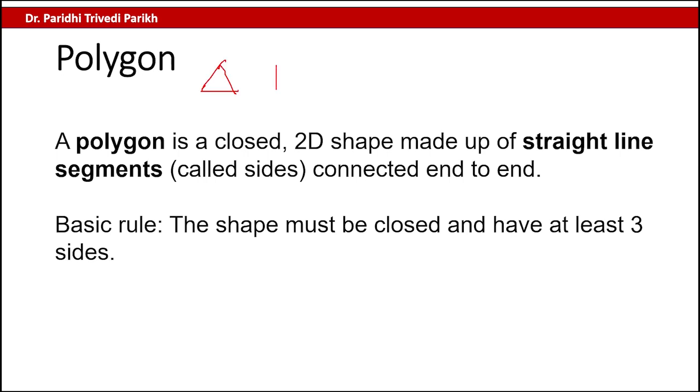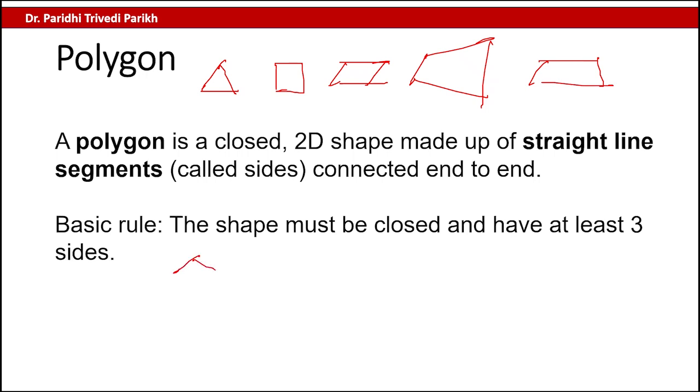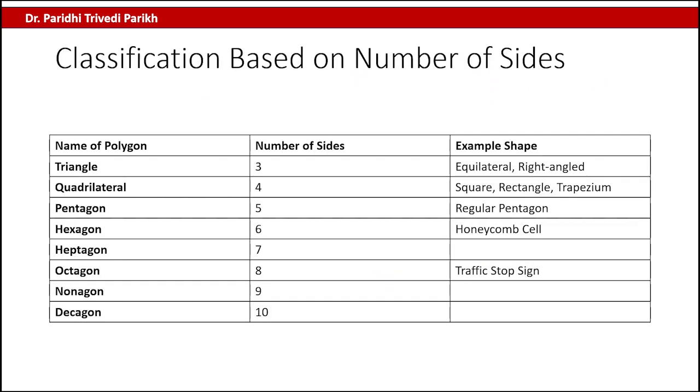A 3-sided polygon is a triangle, a 4-sided one is a square, parallelogram, quadrilateral or trapezium. 5 sides is a pentagon, 6 a hexagon, 7 a heptagon, 8 an octagon, 9 a nonagon, 10 a decagon. These are the classifications based on the number of sides.